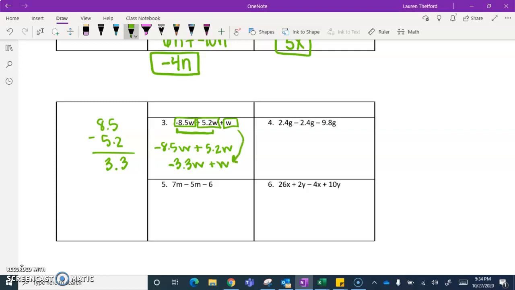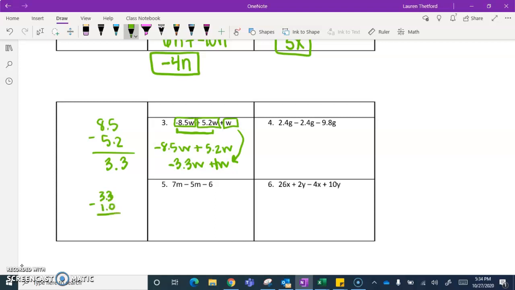Now remember, this has a 1 in front of it. So this is saying negative 3.3w plus 1w. These are different signs again, so we are going to subtract.